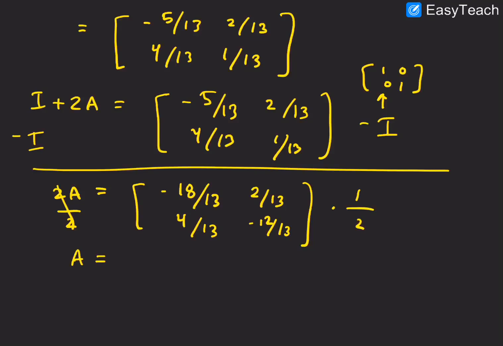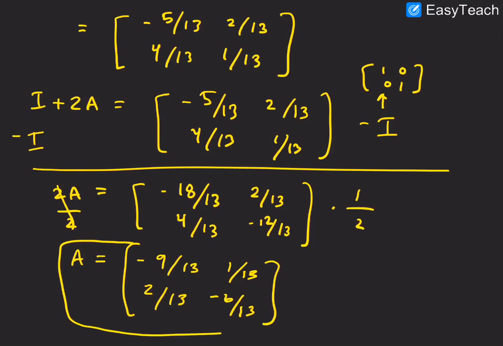And then we will get negative 9/13, 1/13, 2/13, and negative 6/13. Oh, that was a 6. There we go. That is our A.